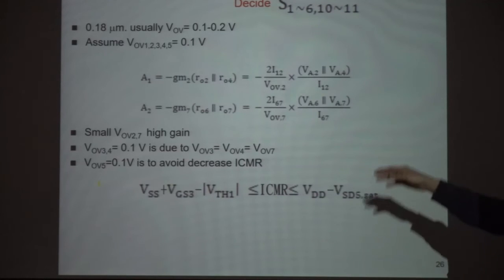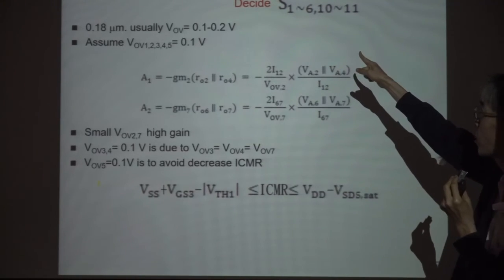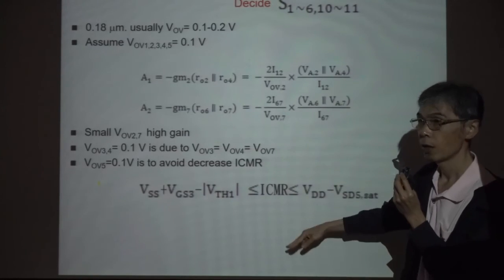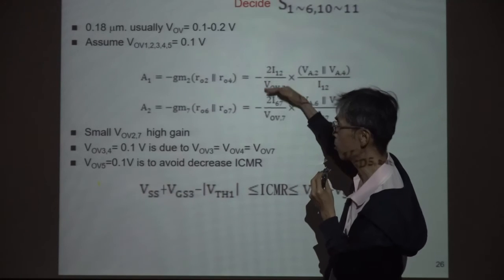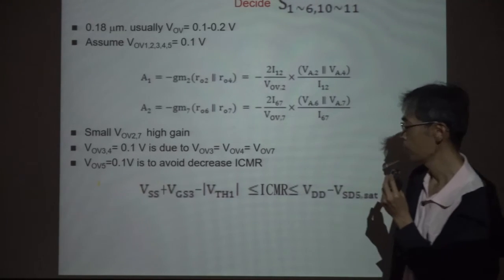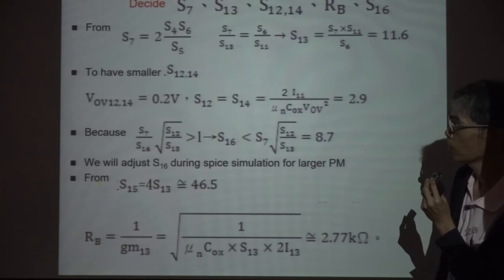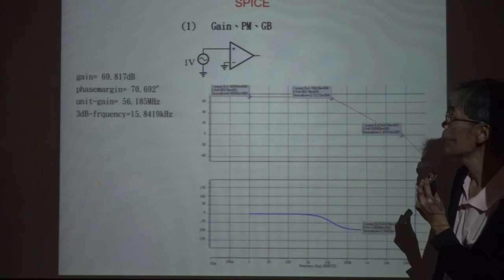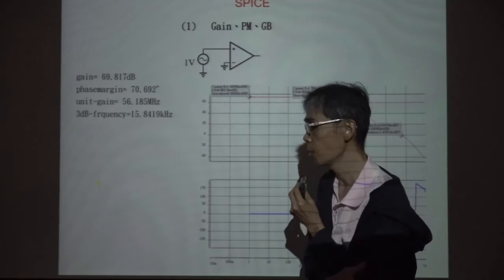Then this is the procedure to decide S1, S6, S10 to S11. You can follow the argument. Okay, next. After that is the SPICE simulation.